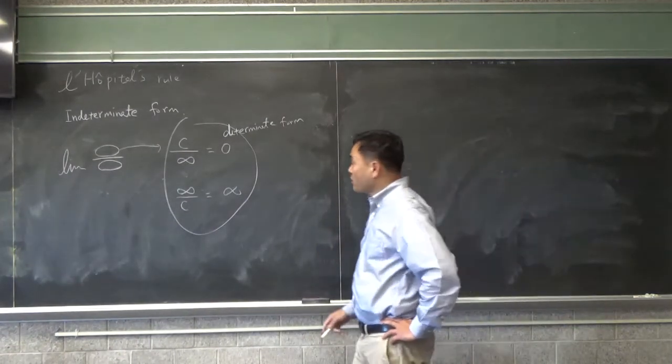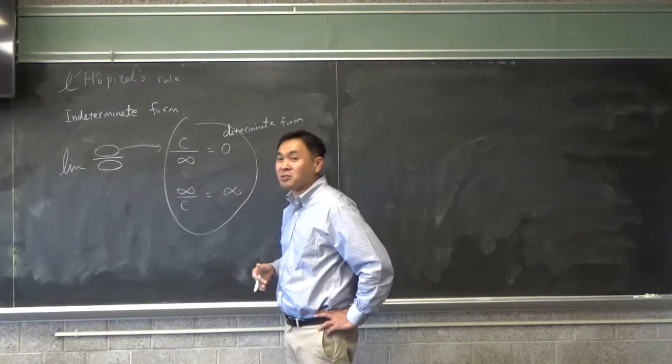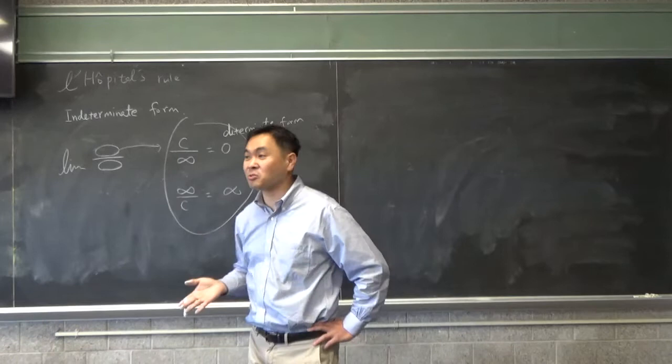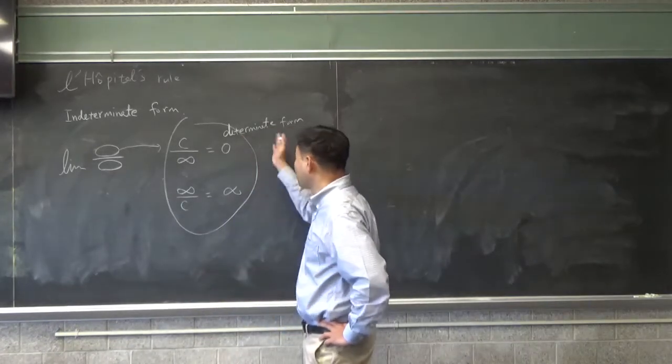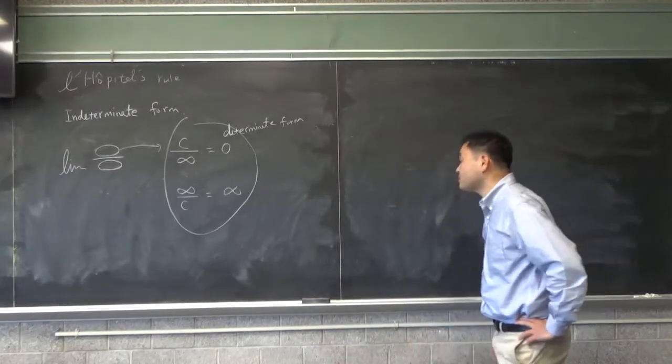These are forms where just by looking at how the limit looks, you can judge whether it's going to go to zero or infinity or some value. Just by looking at it, you can figure it out. That's called determinate forms.